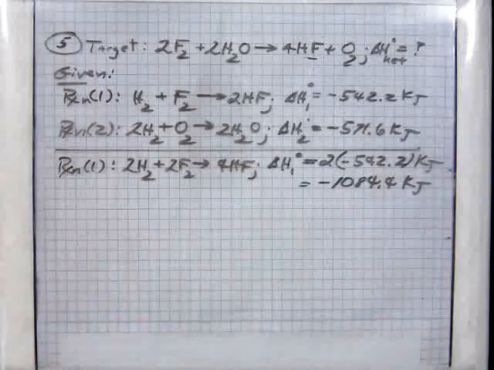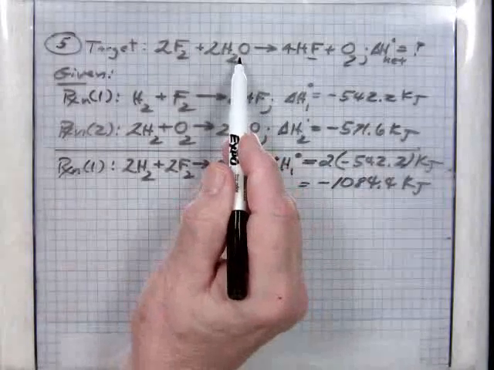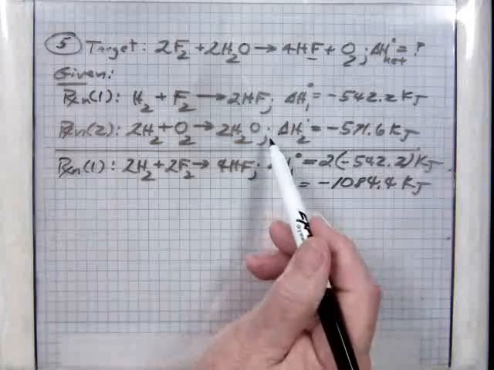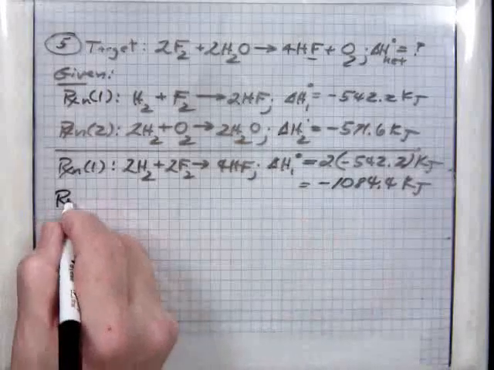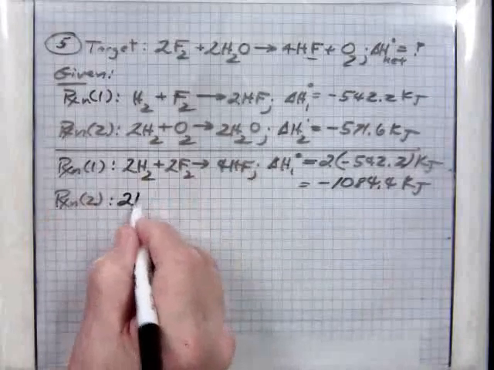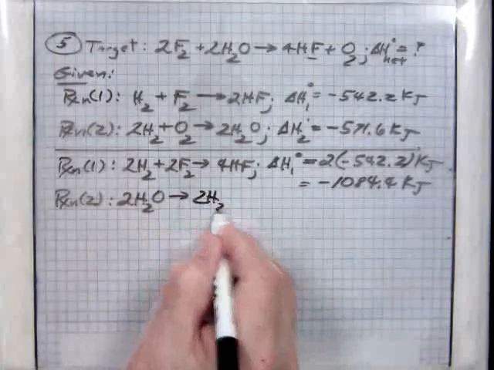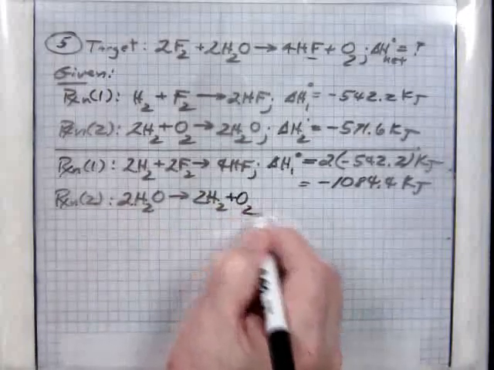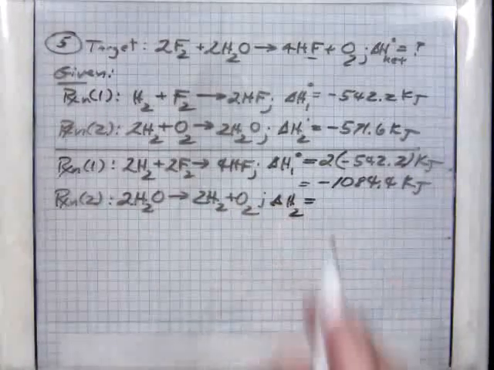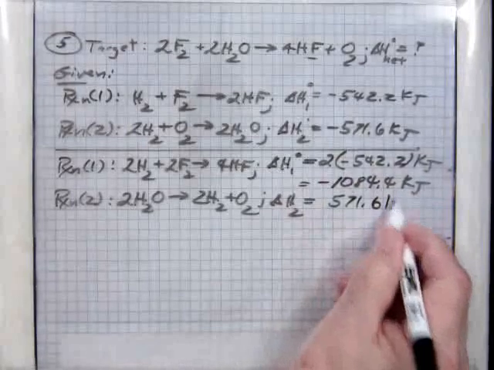Now the second reaction, we see H2O on the left, but here in the second reaction it is on the right, so we have to reverse the second reaction. So it goes to 2H2O goes to 2H2 plus O2 and delta H2 is equal to 571.6 kilojoules.